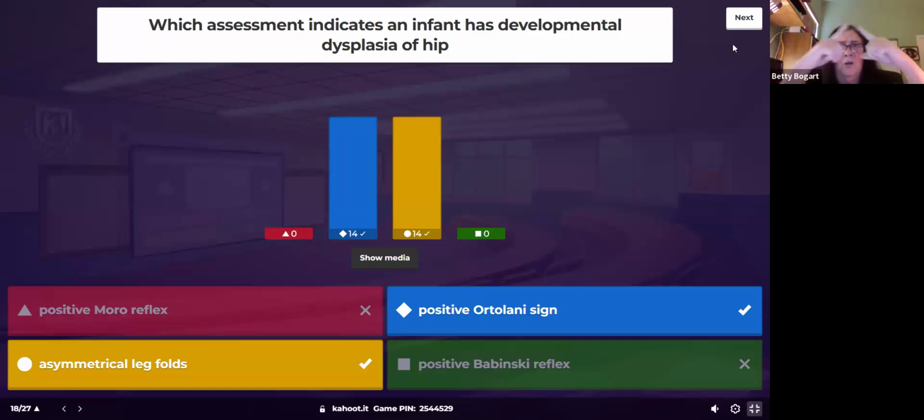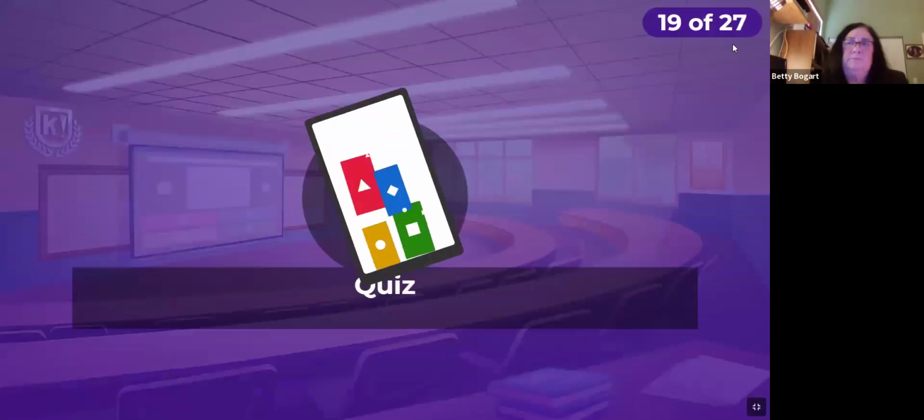One's going to be higher than the other. One leg is going to be shorter than the other. Positive Ortolani, you're going to hear this clicking going on. We know Moro is a startle reflex, and we know Babinski is the bottom of the feet. We all have it, all age people.